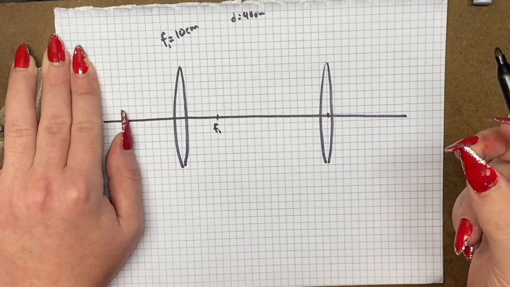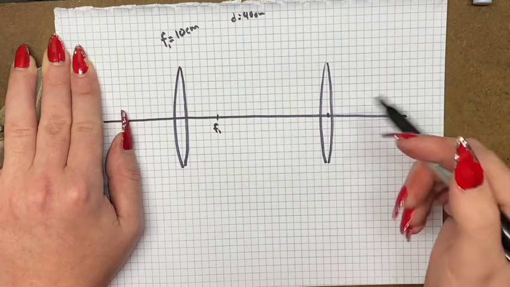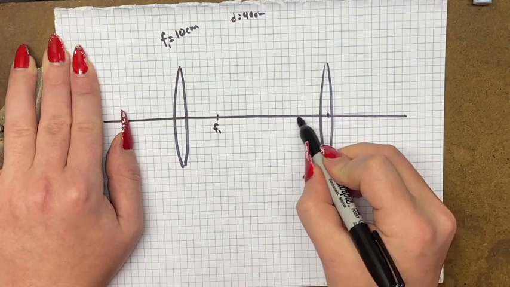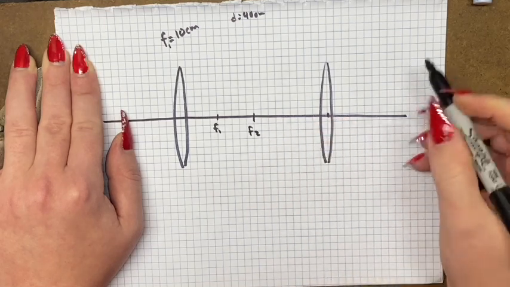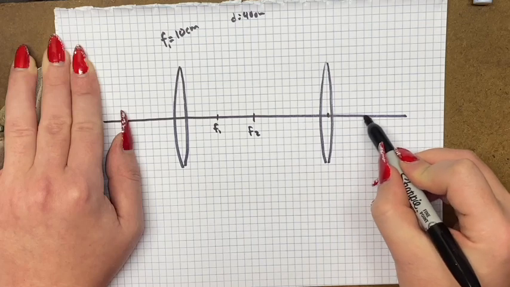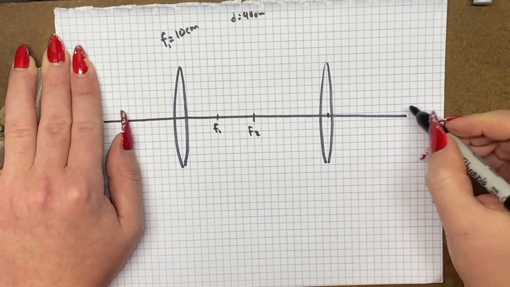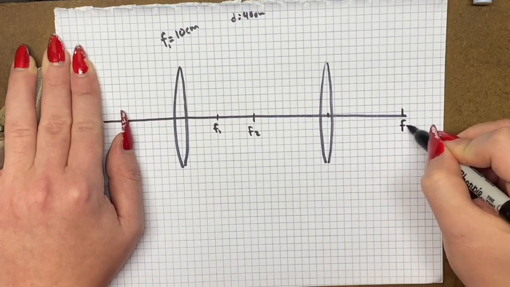Okay, and then what else? Let's say that was 2, 4, 6, 8, 10, 2, 4, 6, 8, 20. Here's F2, and then 1, 2, 3, 4, 5, 6, 7, 8, 9. There's F2.